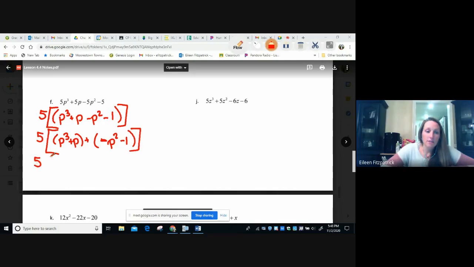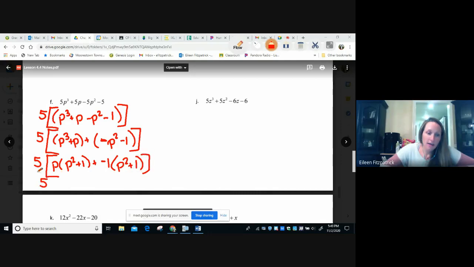Look for a GCF inside each set of parentheses. The GCF here is a p. When I factor it out, I'm left with p squared plus 1. For the next two, I'm going to factor out a negative 1. Remember, I like my lead coefficient to be positive, plus I'm noticing that if I factor out a negative 1, this will then match this, which is what I want. So factor out a negative 1, and you're left with p squared plus 1.